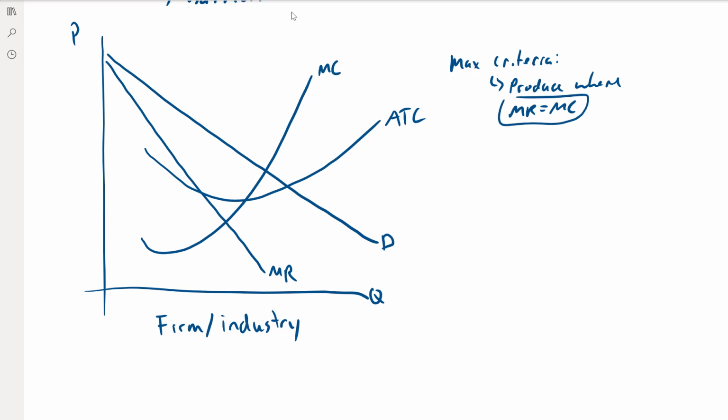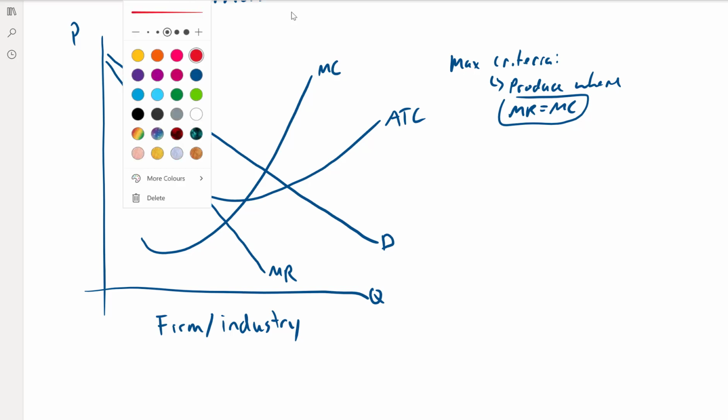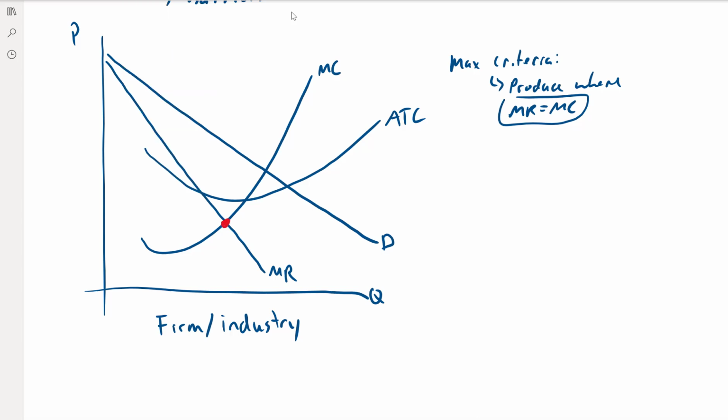So this is our big profit maximizing criteria, both in perfect competition as well as this monopoly. So that means we find out where marginal revenue equals marginal cost. Well, that's this point right here. This is our marginal revenue curve. This is our marginal cost curve. We're going to figure out right where they intersect. So this is how much we should produce.